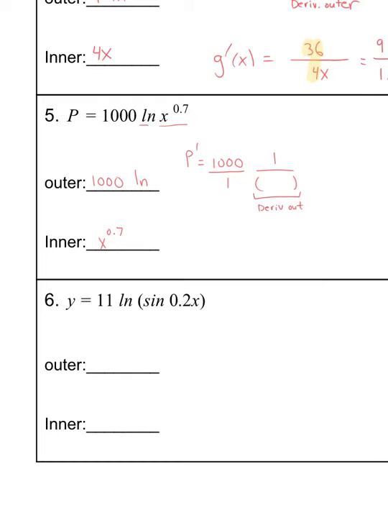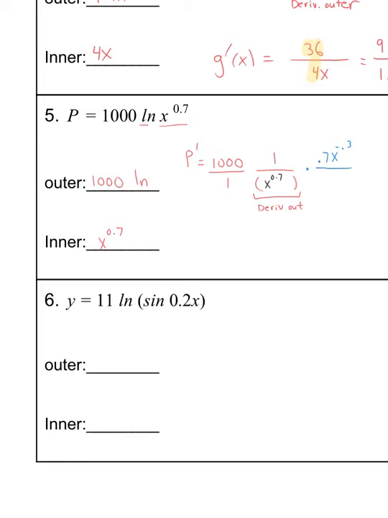Second step, I plug the inner as is right down here. When ln is your outer function, the inner as is always down here in the denominator, x to the 0.7. Third step, we multiply everything by the derivative of the inner, and that's a power rule. The derivative of x to the 0.7 is going to be 0.7x to the negative 0.3.